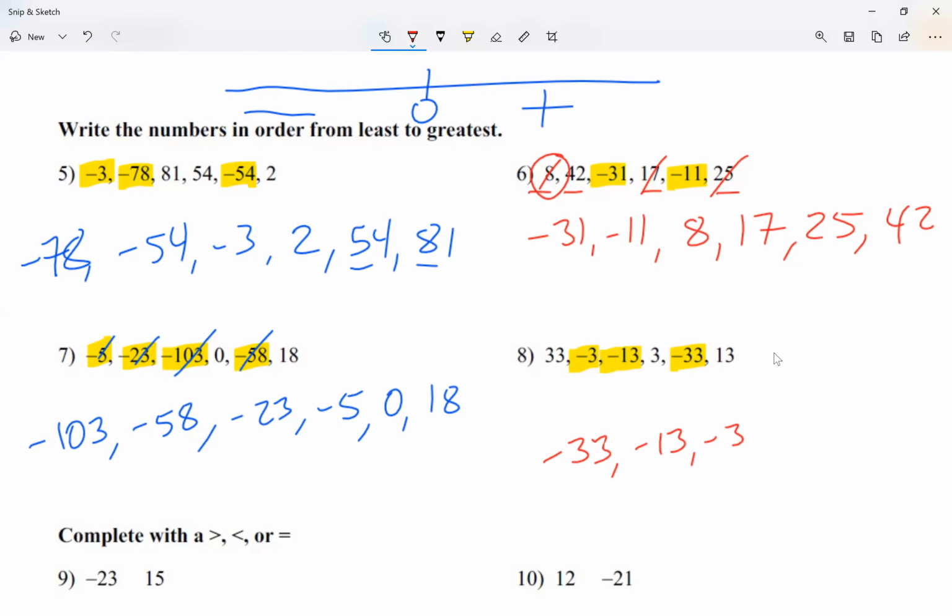Remember, on the number line, if it is farthest left, that means it's my smallest number. The number line is basically writing the numbers from small to large. All right, then I look at my list. Do I have a 0? No. Now my positives, I have 33, 3, and 13. So 3, 13, and 33.